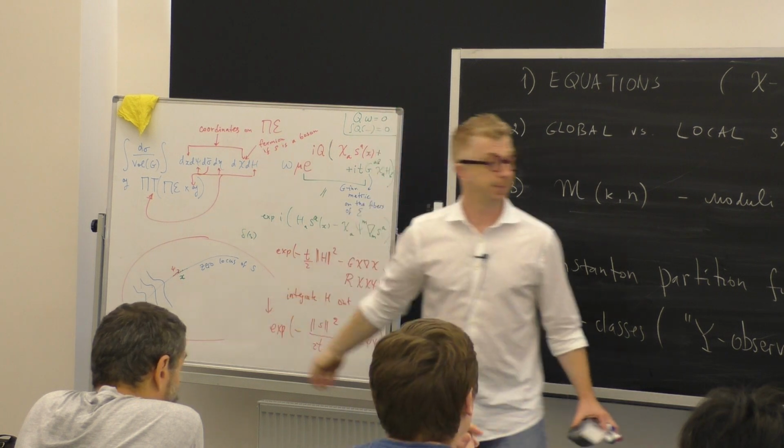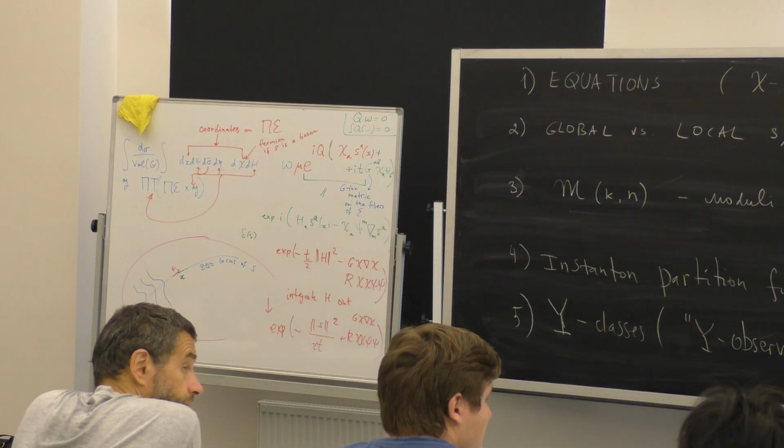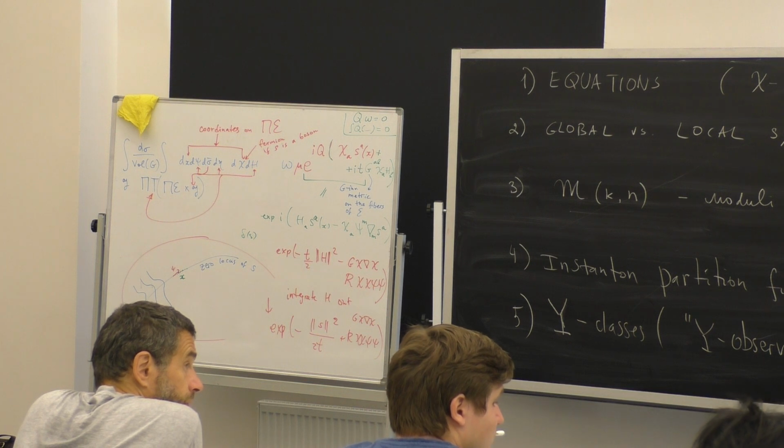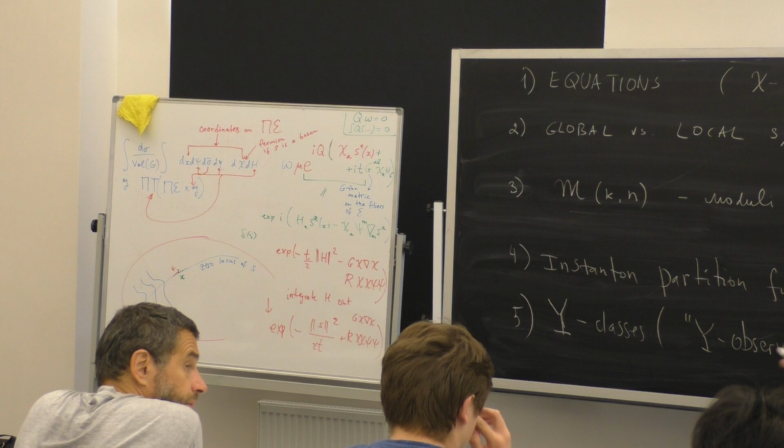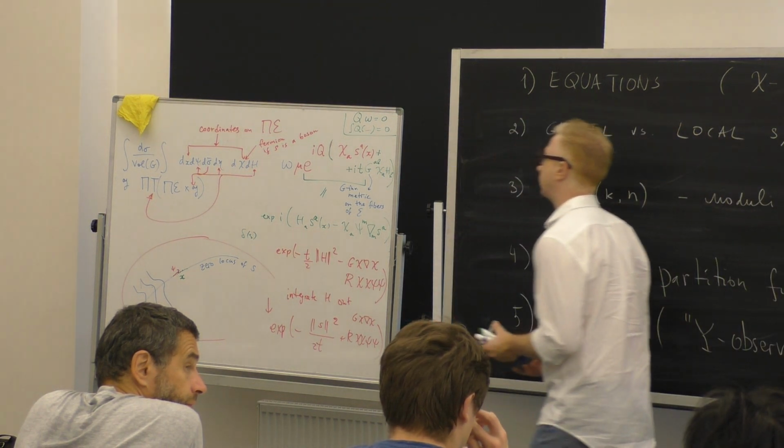So in that case, the connection which you could choose is the connection which you, let's say, get from the metric on the manifold.